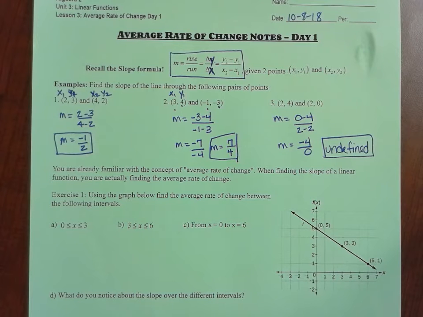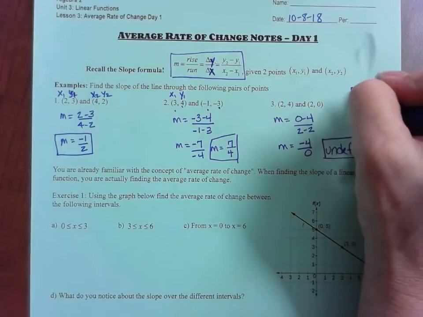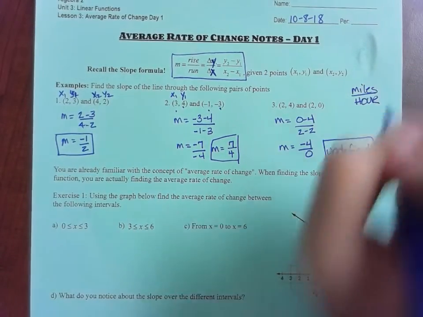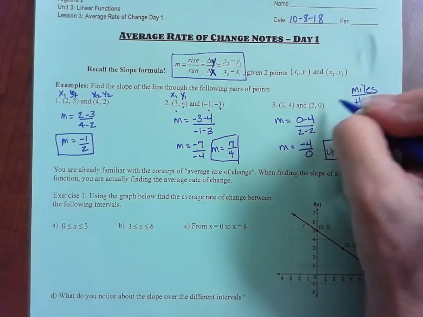Good? Okay. Average rate of change is kind of more applicable to your real life scenarios. The perfect example is miles per hour. Okay? When you're driving, your speed is basically the rate of change from distance A to distance B. We just calculate it in miles per hour.